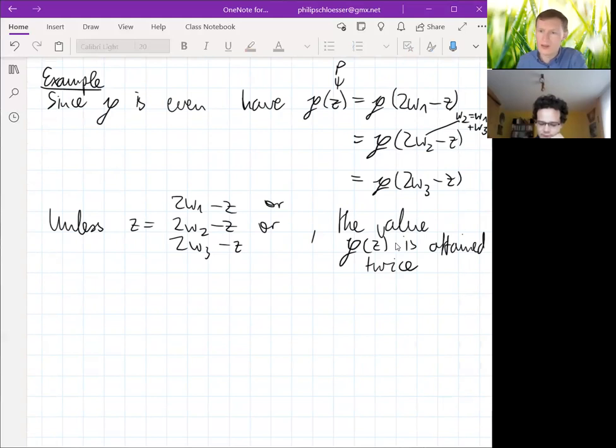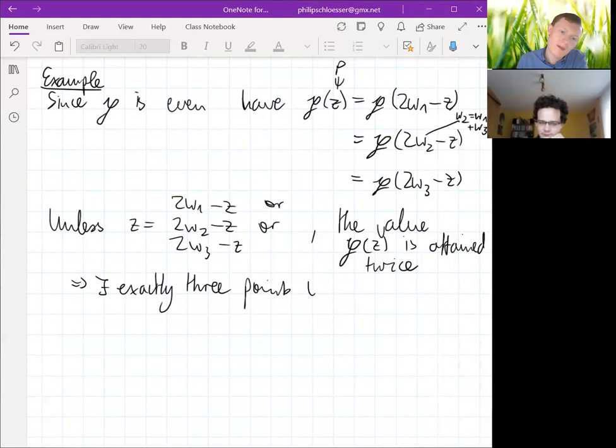Or in other words, there are exactly 3 points where P has a value with multiplicity 2. Well, because in every other case, we know that it has to have multiplicity 1.